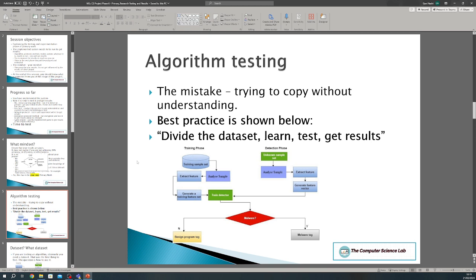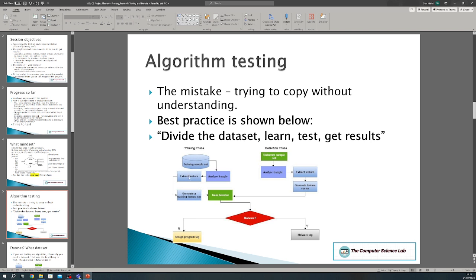What is the ratio? It is 75 for learning, 25 for testing. Okay, why that? Or 80-20 or 70-30? You have made that decision based on your literature review, based on the secondary research that you have done, because that is the best way to test this with the data set. Okay, divide. And then you do the learning process, the testing, you get results.